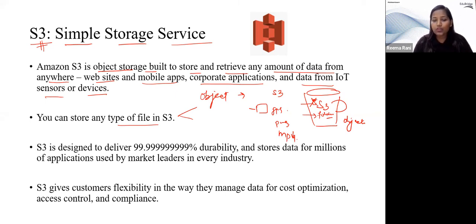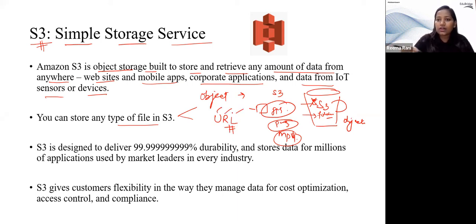The most important thing is that whatever you put in this bucket can be accessed individually via the URL. What is a URL? Uniform Resource Locator.